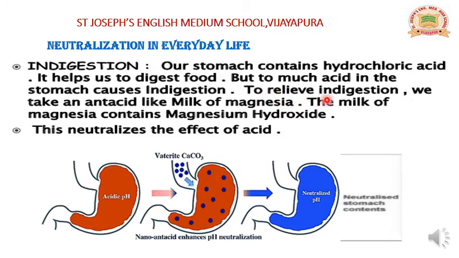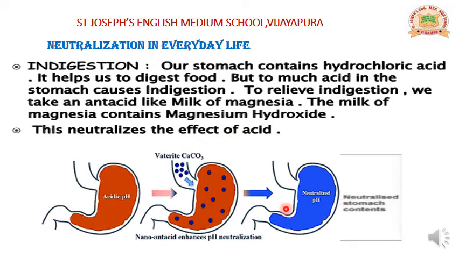To relieve indigestion, we take an antacid like milk of magnesia. The milk of magnesia contains magnesium hydroxide. This neutralizes the effect of acid. Magnesium hydroxide is basic, so it neutralizes the acid present in our stomach.